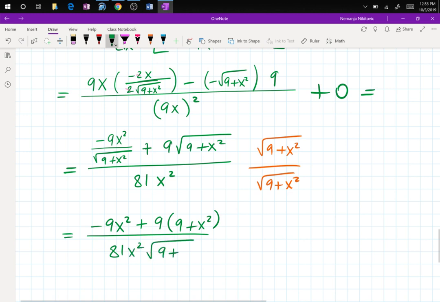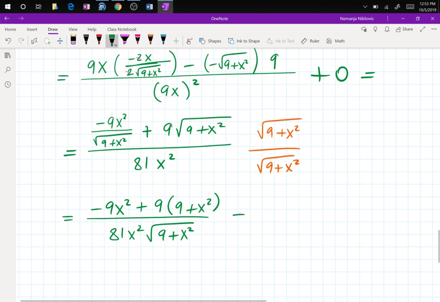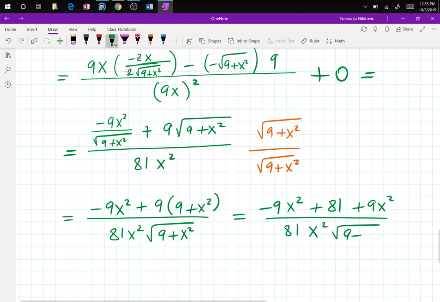I like that because I did have the square root in the denominator before. So now I have negative 9x squared on top, plus 81, and then plus 9x squared, there it is, divided by 81x squared, square root of 9 plus x squared.